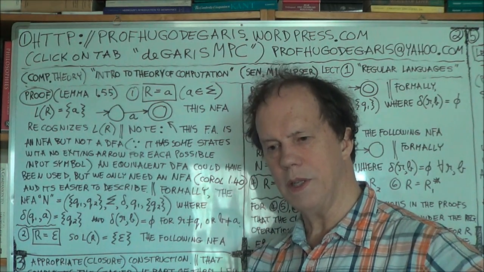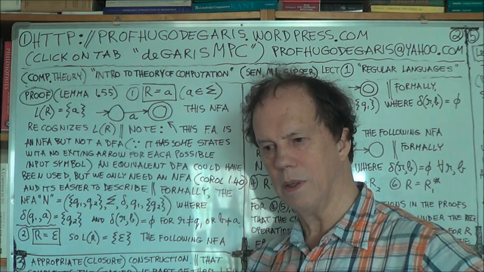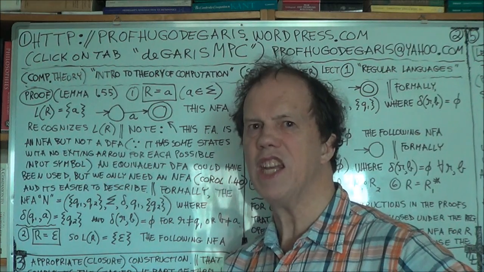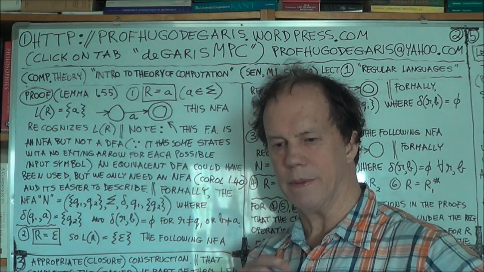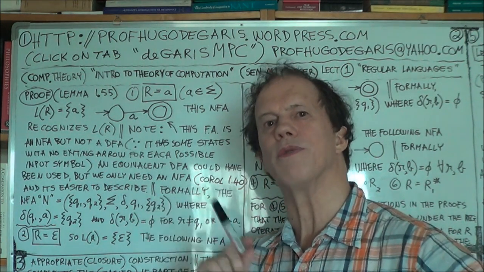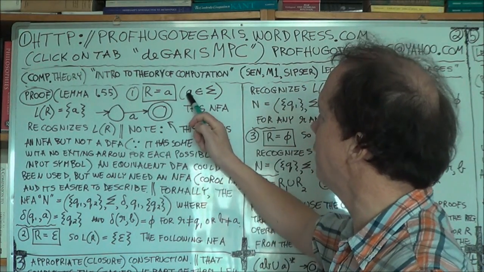Therefore, your DFA, your state diagram, will have to have N times M transition arrows. Well, that's not the case here, because there may be other symbols here.